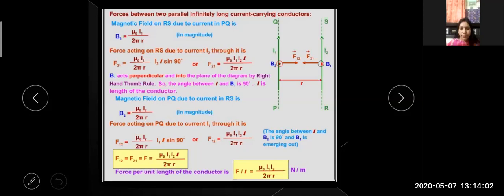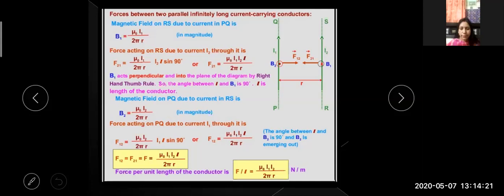The magnetic field produced due to current through each conductor is shown separately in the next slide, right? Since each conductor is in the magnetic field produced by the other, each conductor experiences a force. Okay.